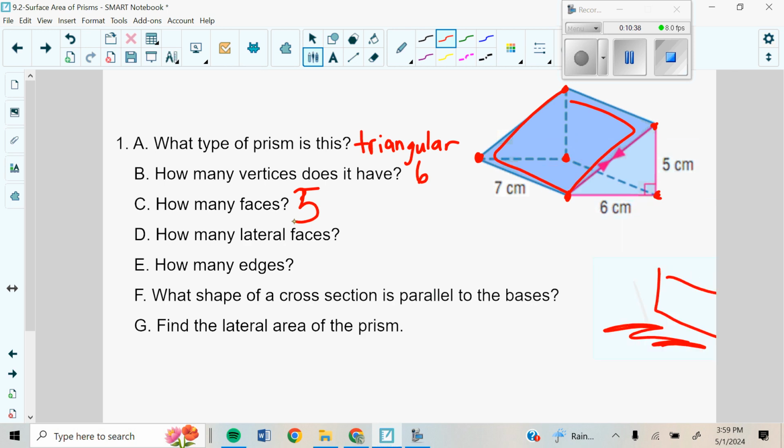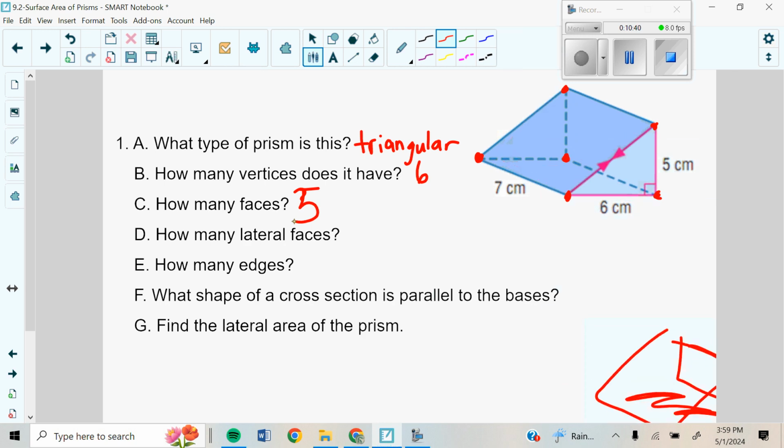And then it asks how many are lateral faces. Those are going to be the 3 that we just marked out. So it's the number of faces minus the 2 bases. How many edges? We want to count all of the edges. So we have 1, 2, 3, 4, 5, 6, 7, 8, and 9.